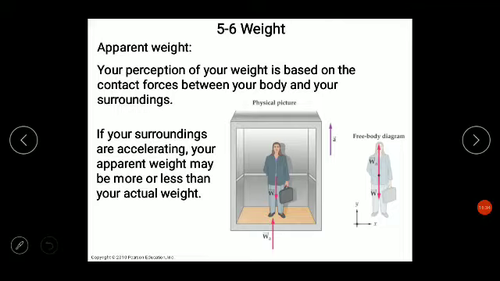You will notice that if you are in an elevator and it accelerates downward with the same acceleration as gravity, you are going to feel weightlessness, because you have the same acceleration as the acceleration due to gravity.